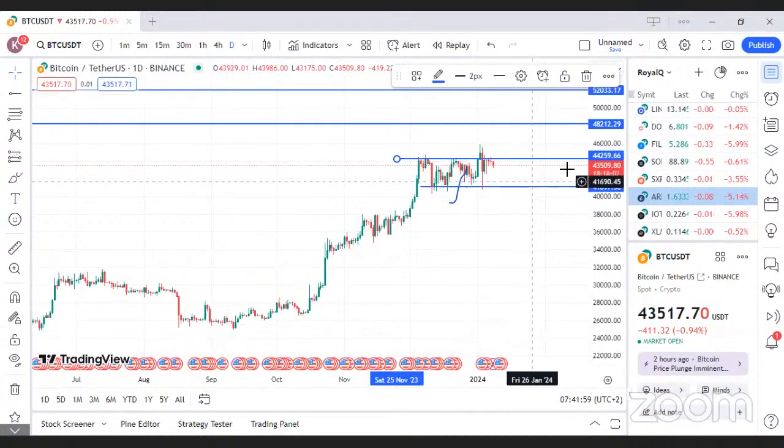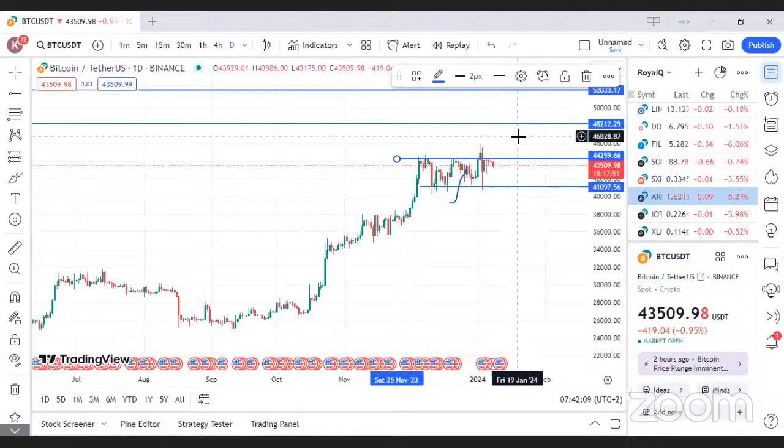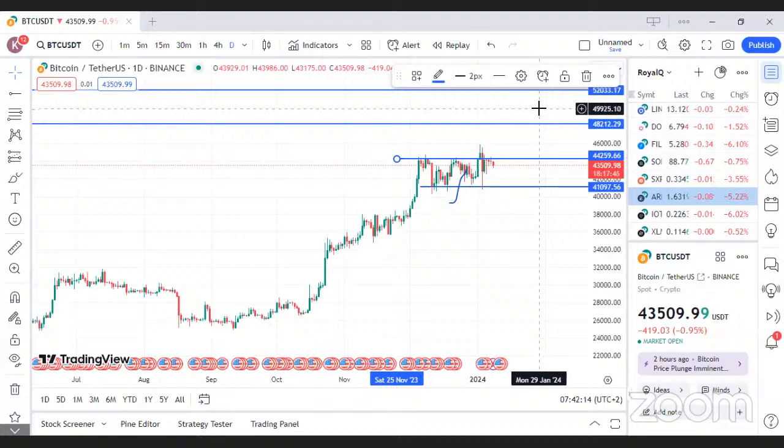But if the market is going to be very serious, it could move from here, then move from here, then get to 38, 48, retrace a little bit, and then form another upward movement to $50,000, which is around here.